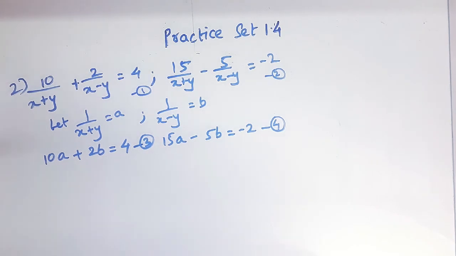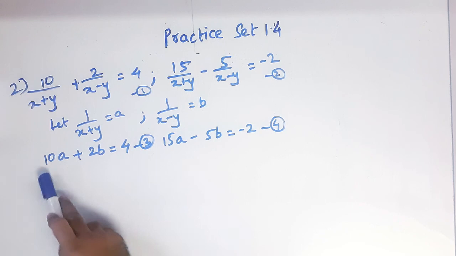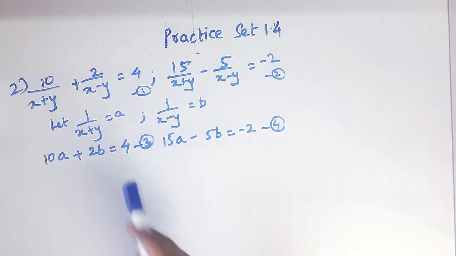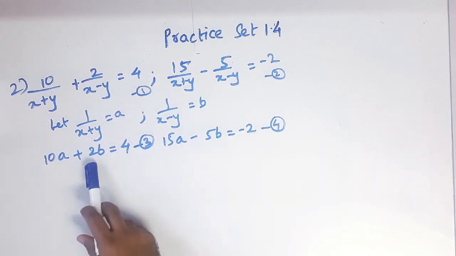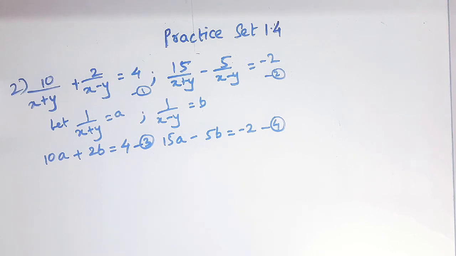Okay, then how will we solve this? We have to equate the coefficients, or we have to use the substitution method. This is 15, this is 10, so the LCM will be bigger. This is 2, this is 5. Okay, so what will we do?